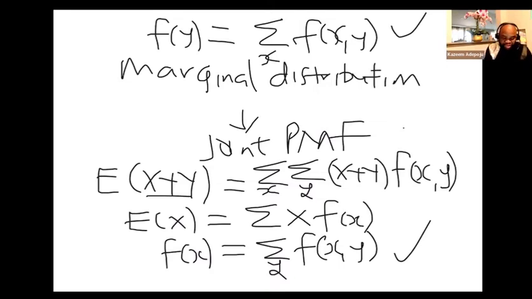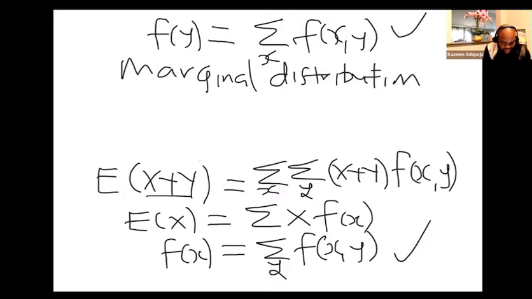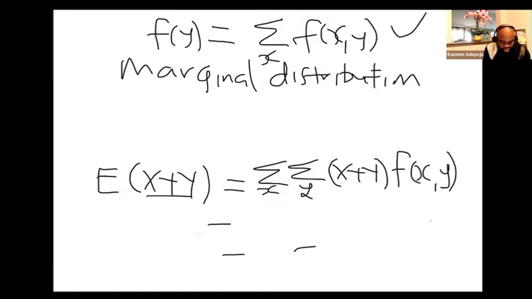Now let's get back to business. Don't forget what we're doing. We basically want to show that the expected value of X plus Y equals the sum of those. So what I'm going to do now, if I have X plus Y, is expand that.